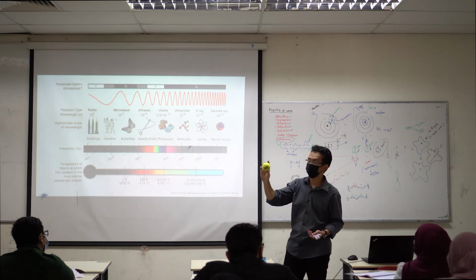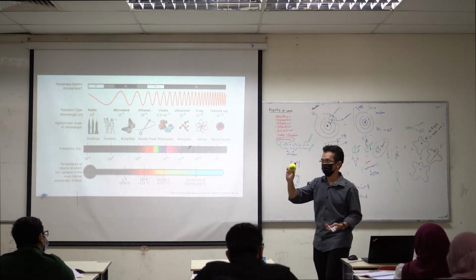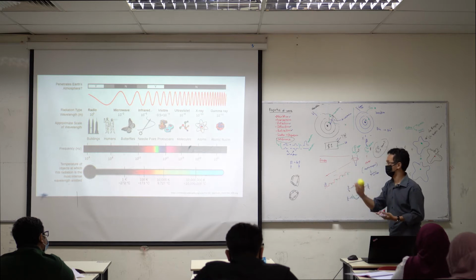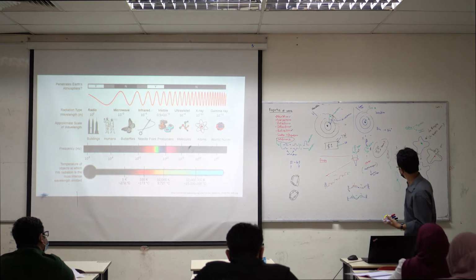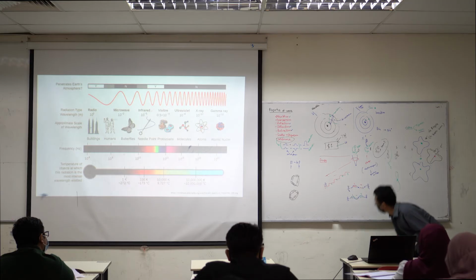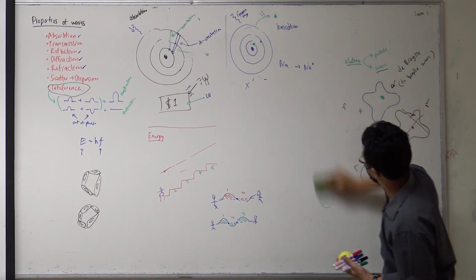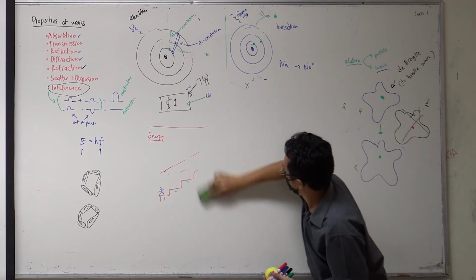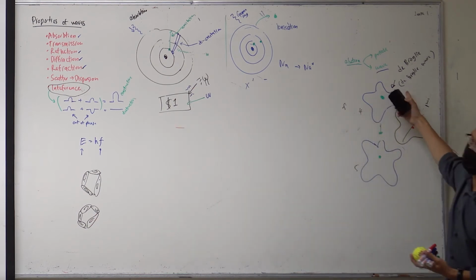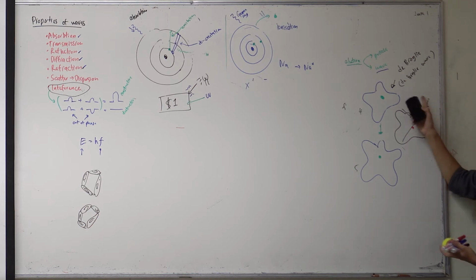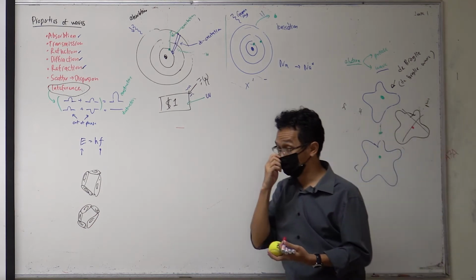This also emanates a wave, but the wave is too small. Let me erase this. Okay, let me close this. Because of this, people proposed that everything should have a wave. In fact, that's true.